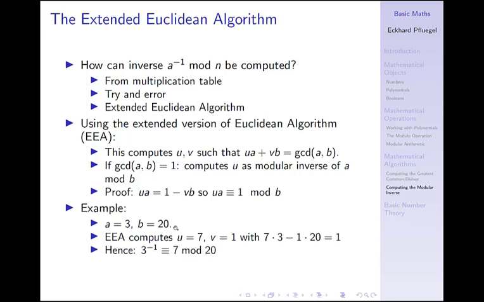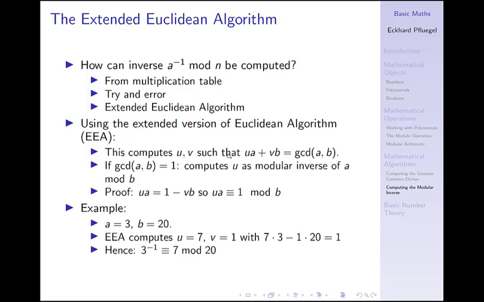The important thing really will just be to be able to run the extended version of the Euclidean algorithm on an example, based on the steps, the scheme that I will show you on the next slide. But if you are interested in the theory as well and want to understand a little bit more why it computes the modular inverse, then just look at this fact here.